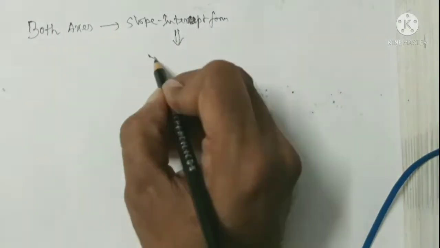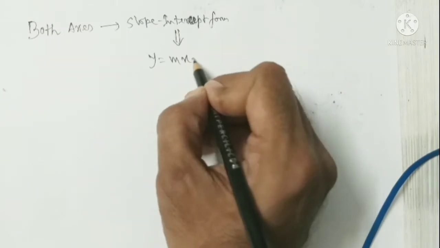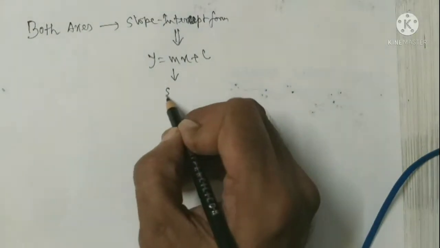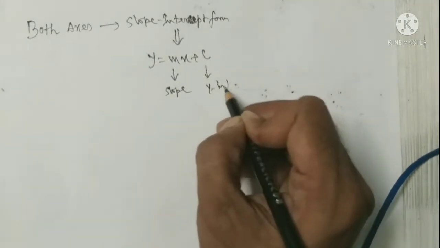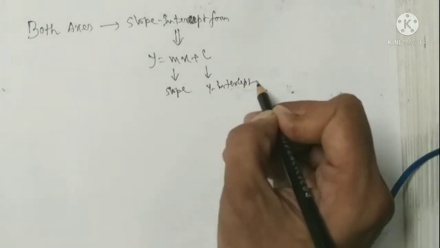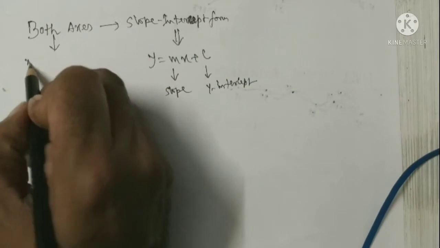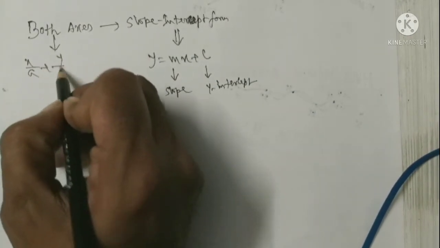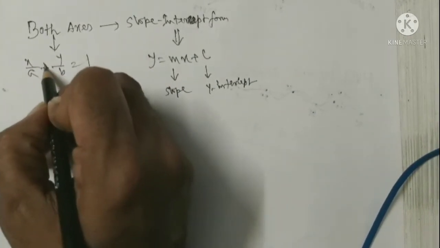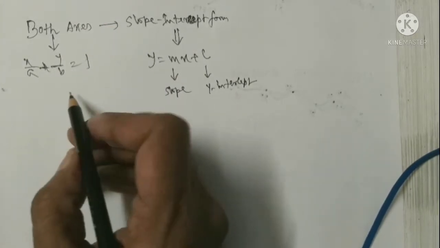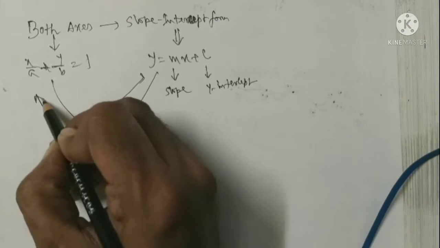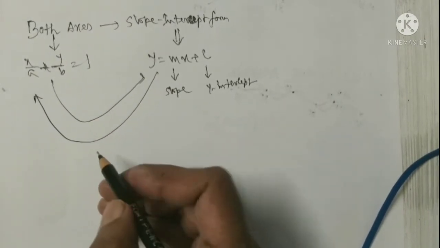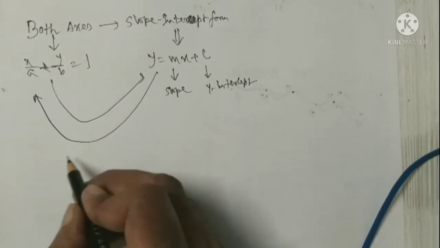Slope intercept form is y equal to mx plus c, where m is slope, c is y intercept, that is vertical axis intercept, and both axis form is x by a plus y by b equals to 1, and we will show that this is nothing but this and this is also nothing but this. That is, both way we can prove it.